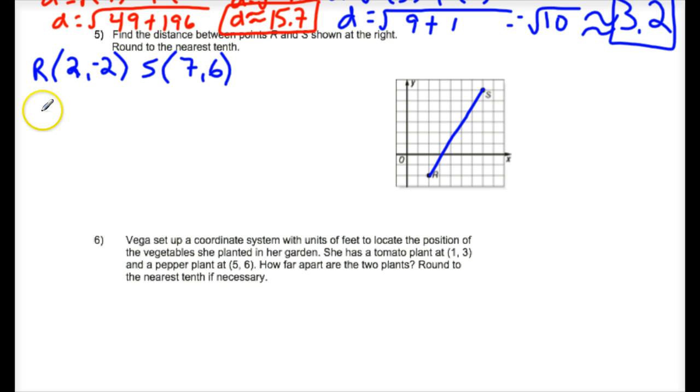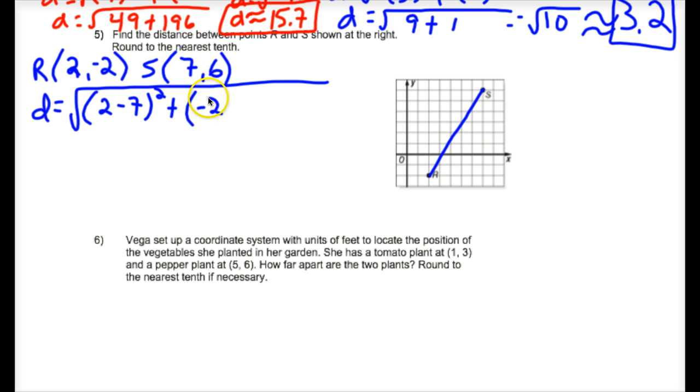Okay, now let's apply the distance formula. Big long fraction line. Okay. Kelly, Christy, talk me through this. 2 minus 7 quantity squared plus negative 2 minus 6 quantity squared. 2 minus 7, Callie.